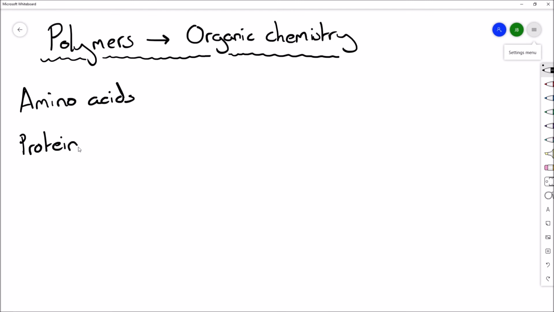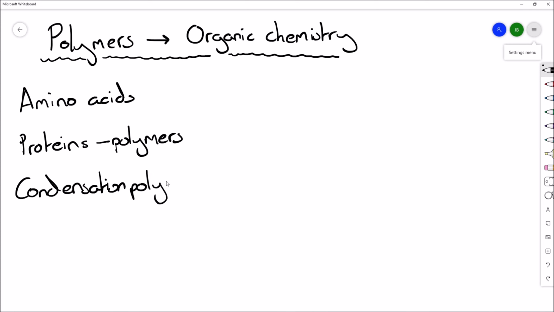They are our polymer. You don't need to go into a lot of detail about them. You just need to appreciate that amino acids are the monomers, proteins are the polymers. They work by condensation polymerization. Water is given off.